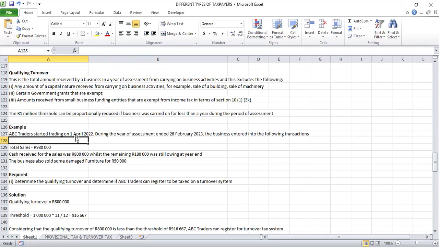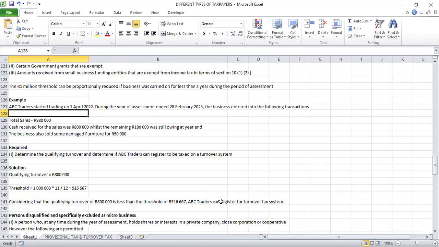So when we're determining whether they qualify or not, right? First of all, we have to determine their qualifying turnover. Remember, qualifying turnover is the amount that you received. So you don't just take the sales. You take the sales if you are told that they were all cash sales. Qualifying turnover refers to amounts received.